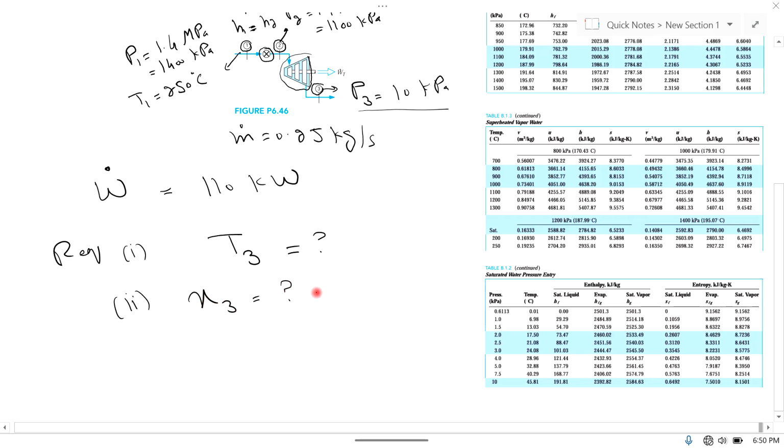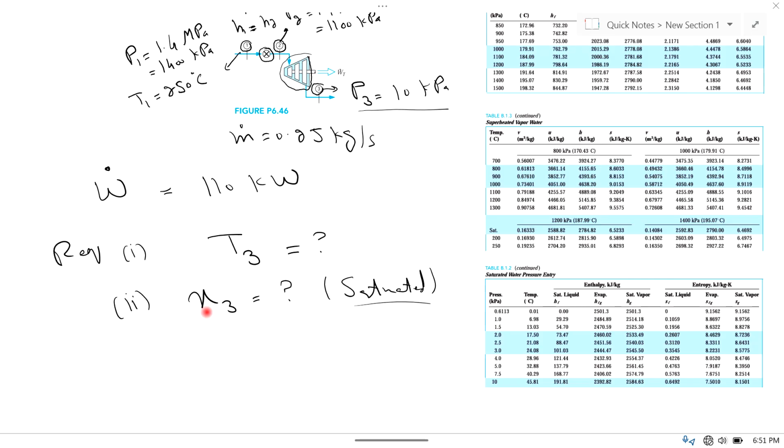Find T3 and X3 if saturated. So first we will check at point 3 whether it is saturated. If it is saturated, then we will find X3, the quality of the steam or dryness fraction. This is the given data.